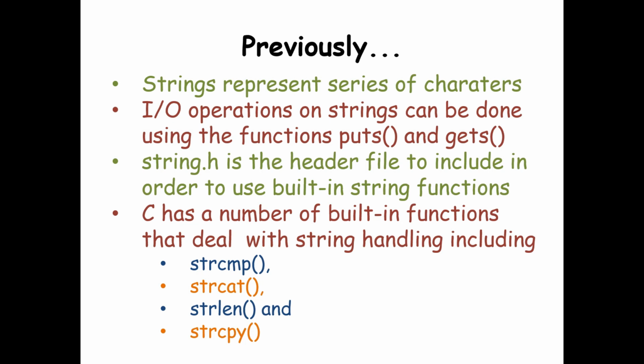Among these are some key functions: string compare, which compares two strings and returns a value indicating their relationship; string concatenate, which concatenates two strings; string length, which calculates the length of a string; and string copy, which copies one string to another. These functions help us perform a range of string operations efficiently within our C programs.